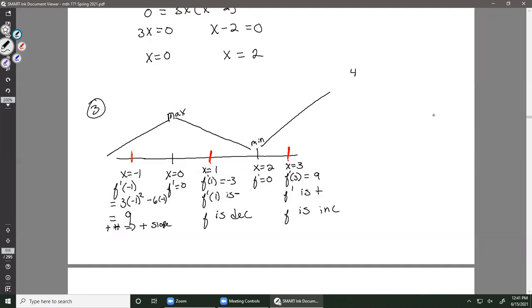So step number 4, find the points. So we had x equals 0. And so we're going to plug that 0 back into the original function. And when we do, we get y equals 9. And that's a relative max.